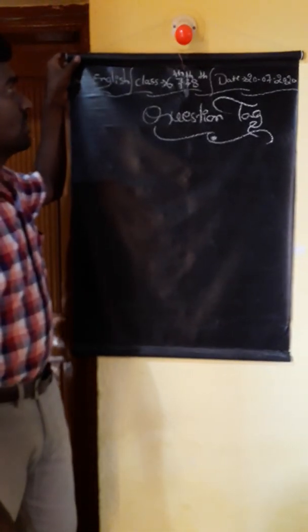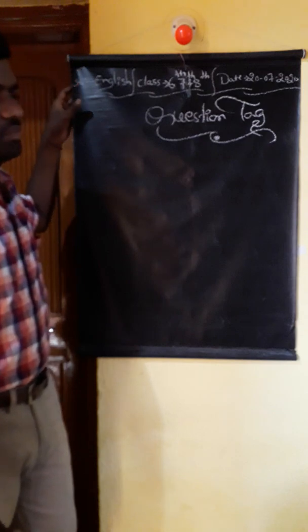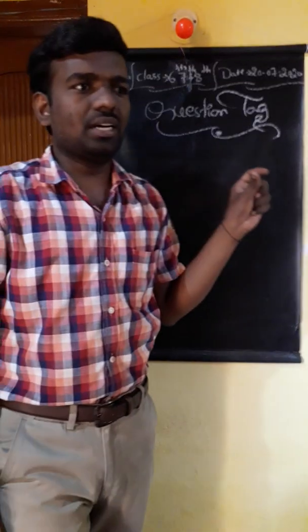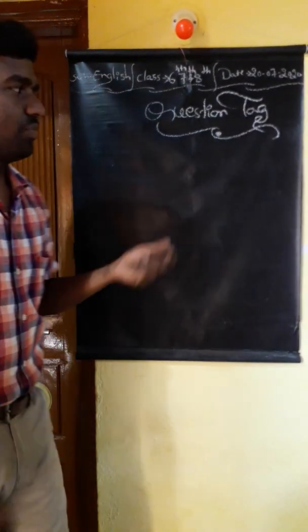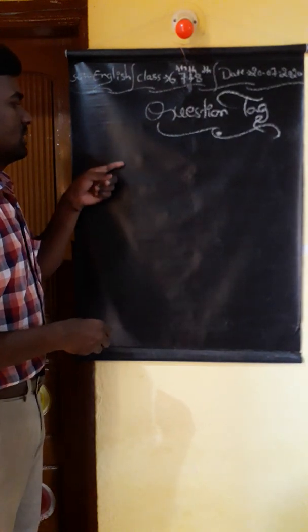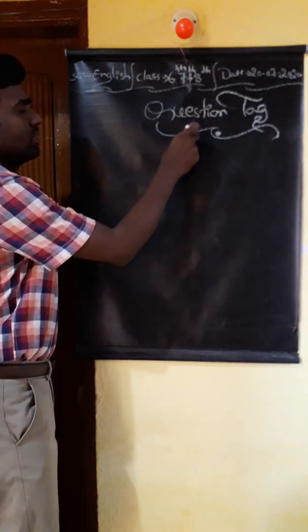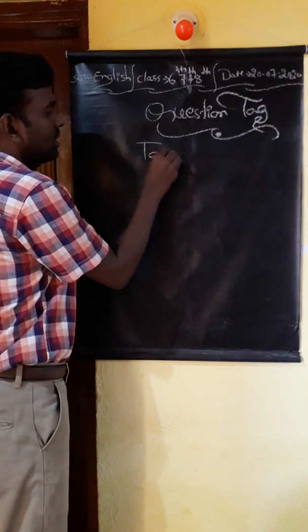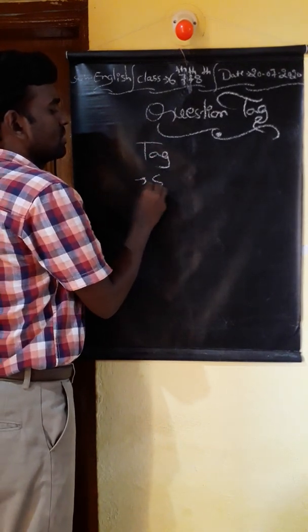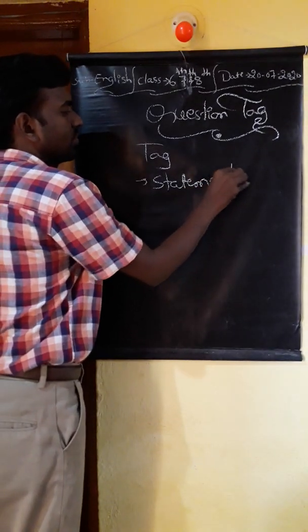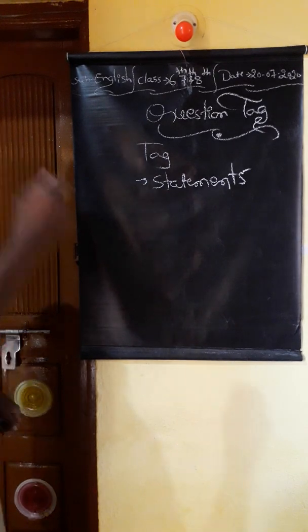Question tag. Tag is nothing but the part of tagging to the things. Here the question tag means a tag that comes for statements. We can add a question tag only to statements.